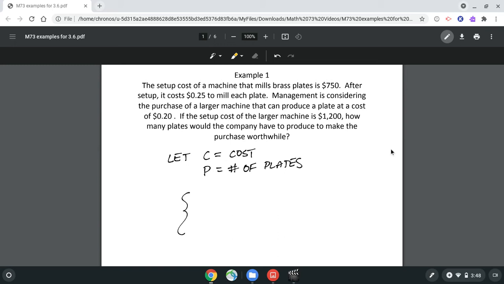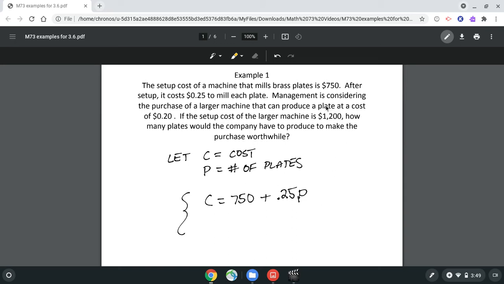The first cost is $750, that's the setup, plus 25 cents per plate. So C = 750 + 0.25P. That's my first equation, and this represents the cost for the current machine that they have.